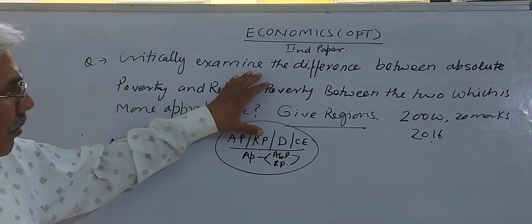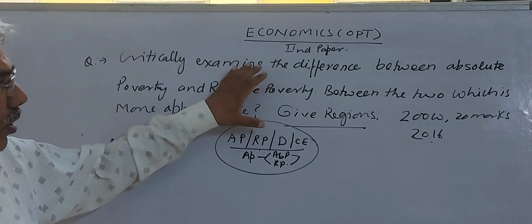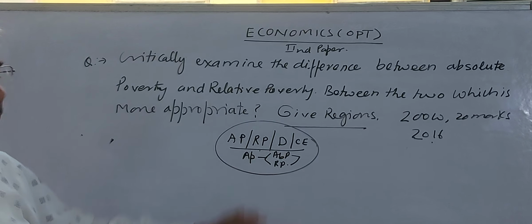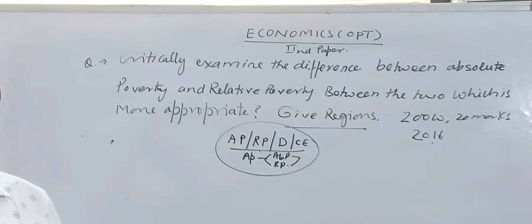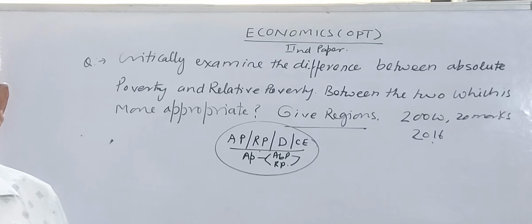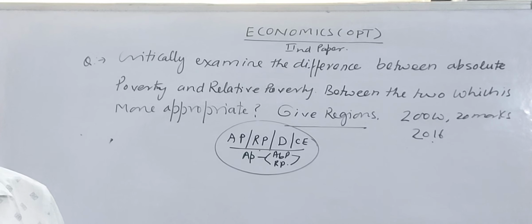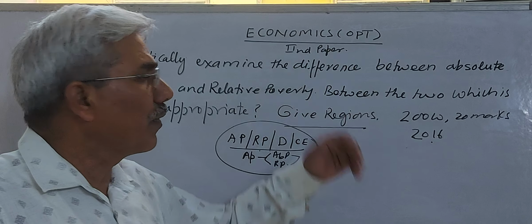Generally, developing countries use the absolute poverty line or absolute poverty definition. Developed countries use relative poverty. Why is it so? As you know, developing countries face different kinds of problems, and the main thrust of government policy is to uplift the vulnerable sections of society who are not getting the minimum basic needs of life.